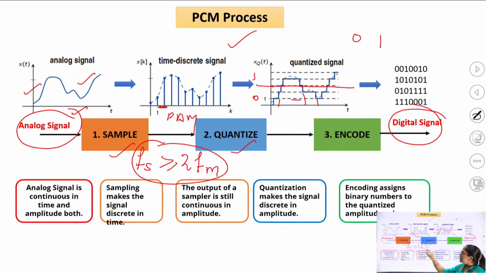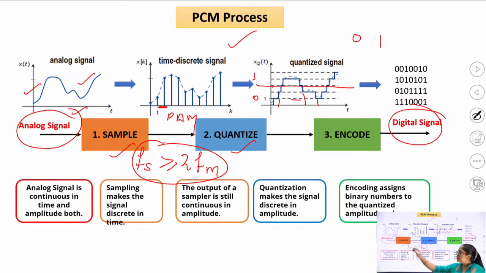If we follow this Nyquist criteria, then it will be possible to recover our information back from these sampled signals. Otherwise, we will not be able to recover our information back from this sampled signal. So if we want to retrieve our information, we have to use this Nyquist criteria, according to which the sampling frequency must be greater than or equal to twice the maximum frequency component present in our message signal.